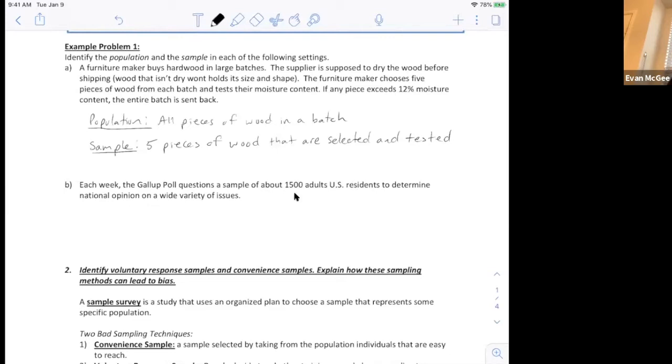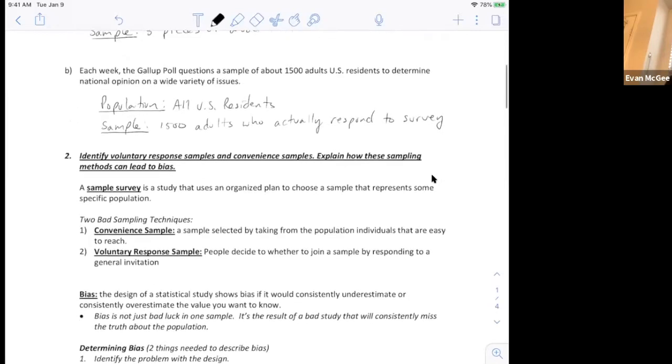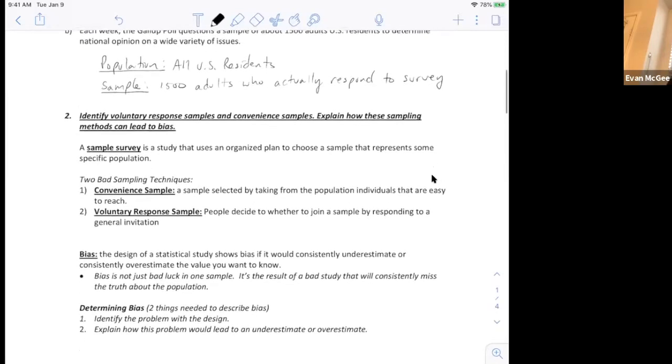So our population is all U.S. residents. Our sample is the 1,500 adults who actually respond to the survey. It's only people we've actually heard back from, because we'll see in a second that we're not always going to hear back when we send out a survey, and this can influence our results in a negative way.